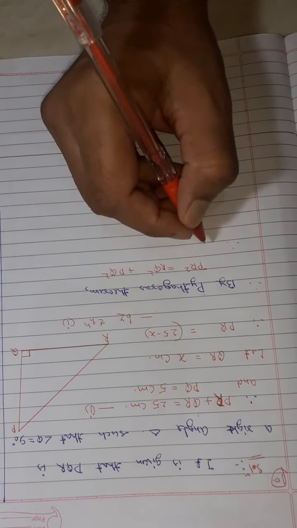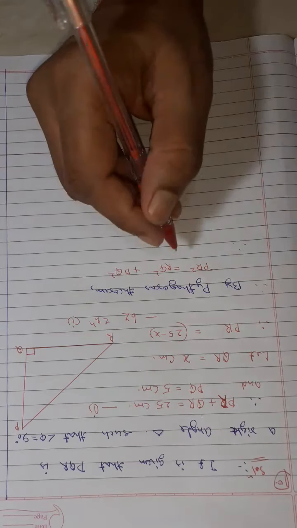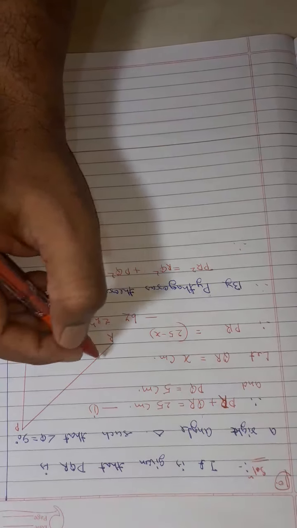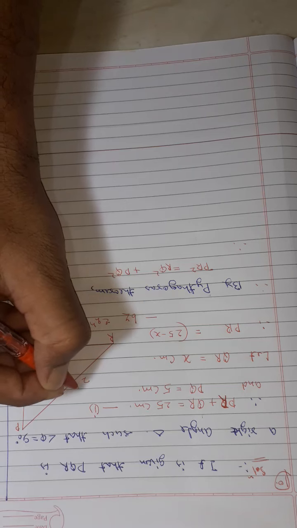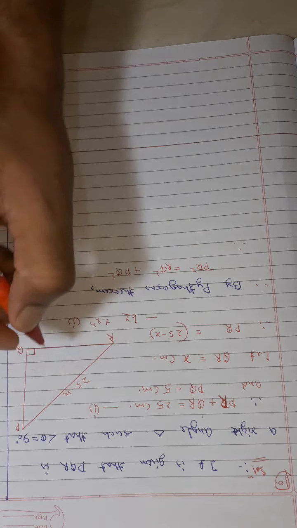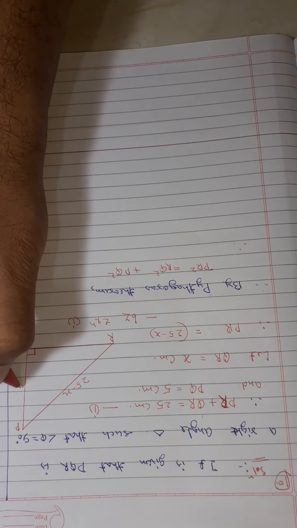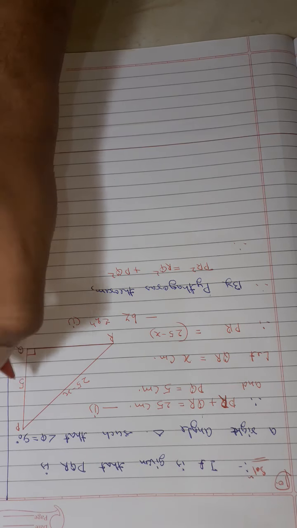Therefore PR square is how much? PR is 25 minus x, and PQ is 5, QR is x.